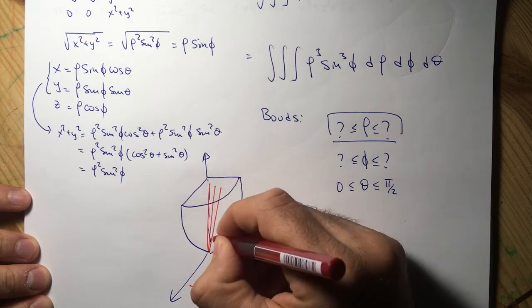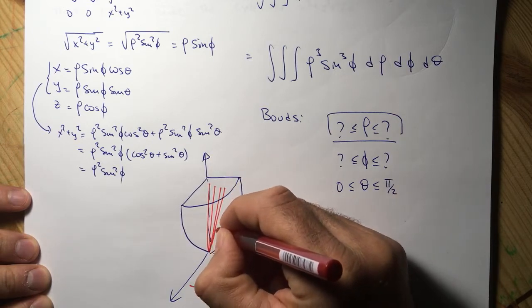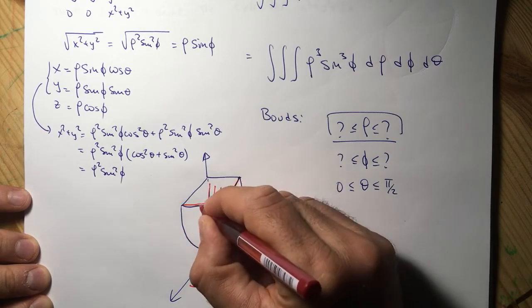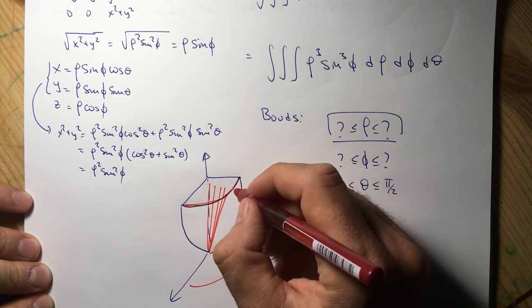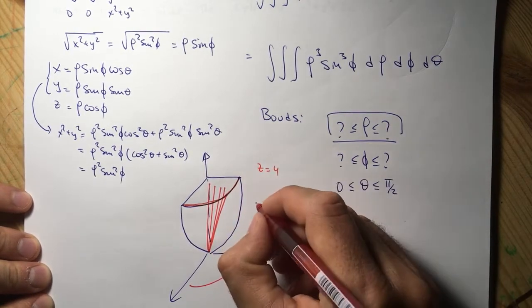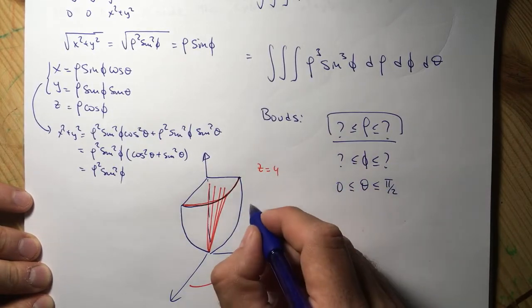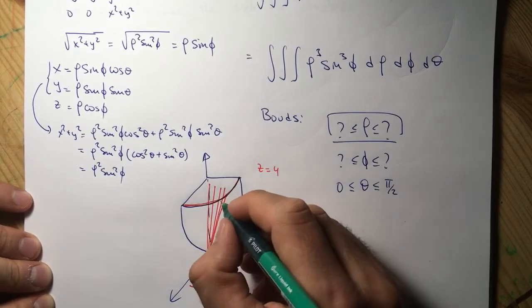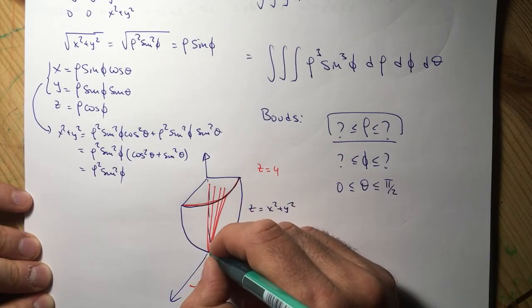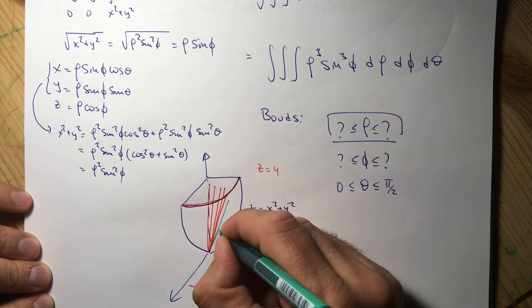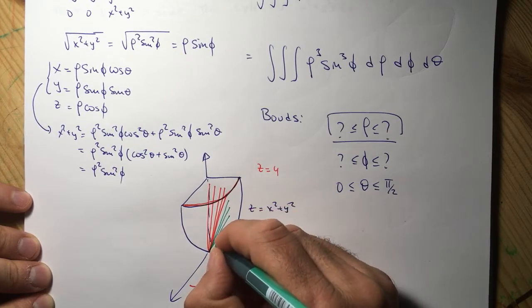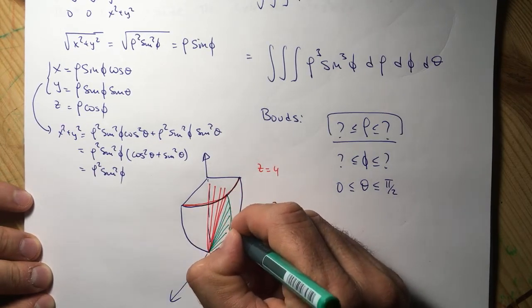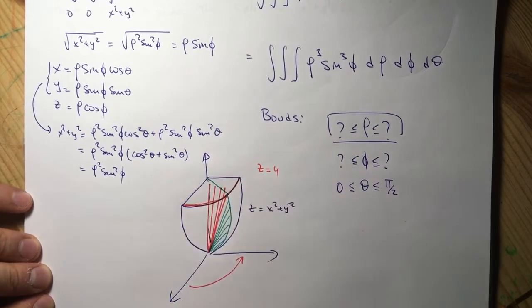Rho goes up until here, all the way until it reaches this curve here, which is a circle, where z is equal to 4 meets the paraboloid z is equal to x squared plus y squared. And from that particular phi on, rho goes from 0 to the paraboloid. Its outer boundary is the paraboloid. Something like this, and then like this.